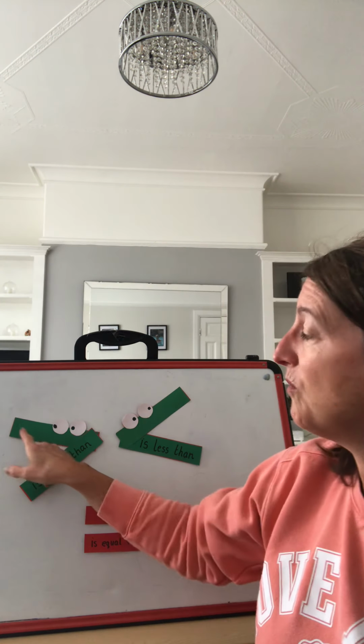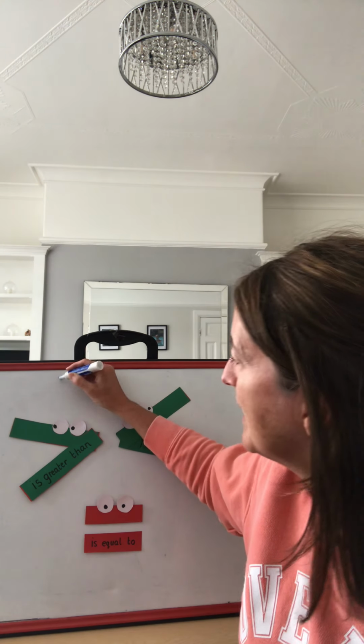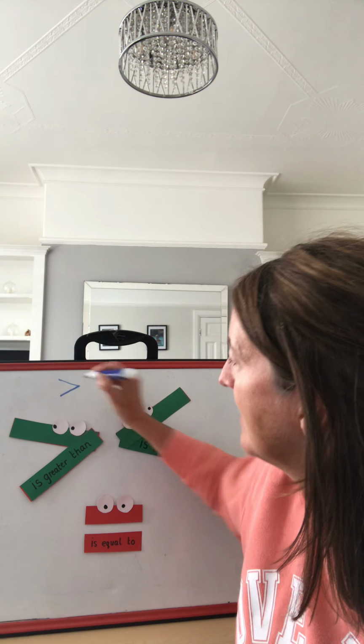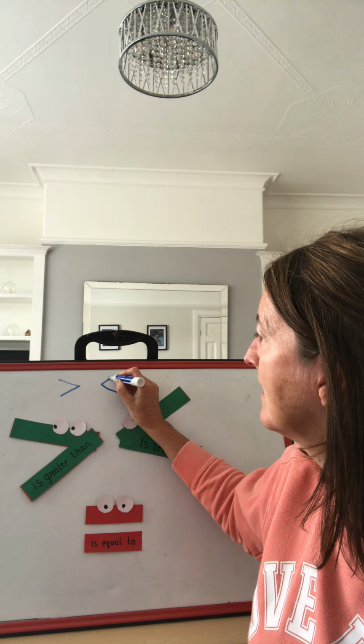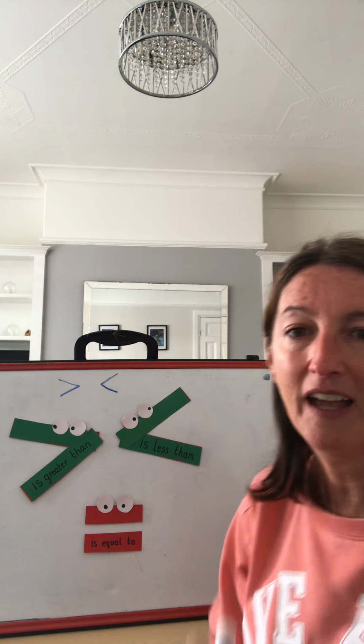So you won't always see them in your book like a crocodile. You might see them just written like this, or like this. But in reception, we always use the little eyes.